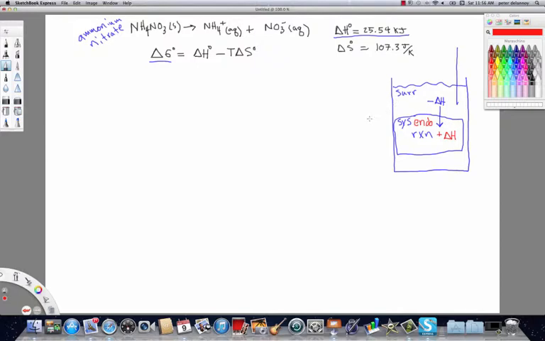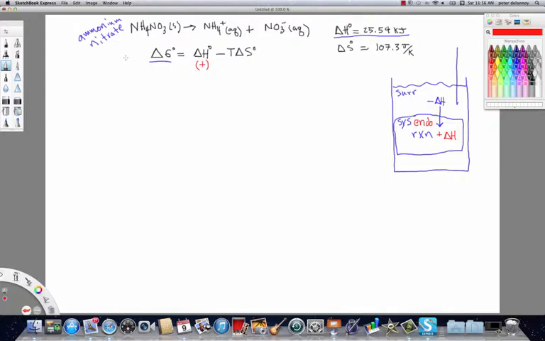Endothermic. All right. Now, when we look at the equation that relates the enthalpy of the reaction, or the delta H naught of the reaction, to the entropy of the reaction, you can see that because this is an endothermic reaction, the delta H is actually a positive value.